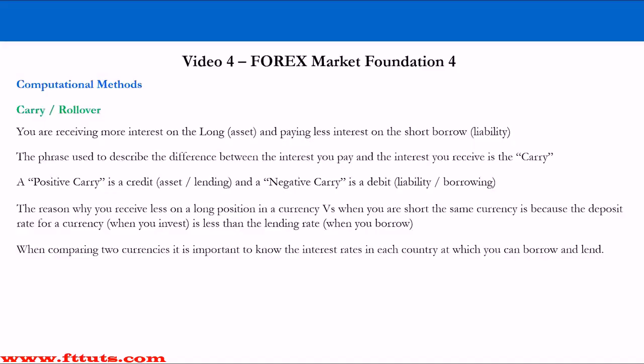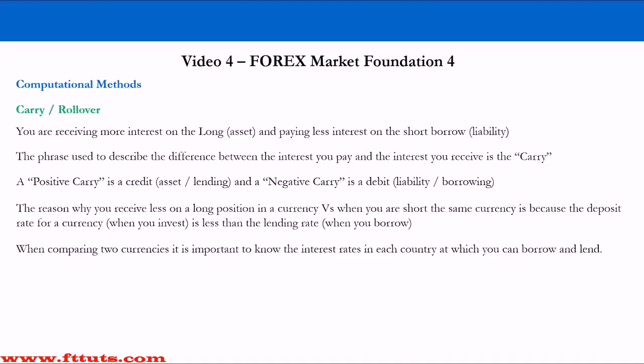So when you're comparing two currencies, it's obviously very important to know what the interest rates in each country are, so you get a good sense of what rates you will be paying, so whether there's going to be a positive or a negative carry. And you can actually check these on the trading platform. They'll be available in different areas of different trading platforms, but they should be available and they should be quoted.